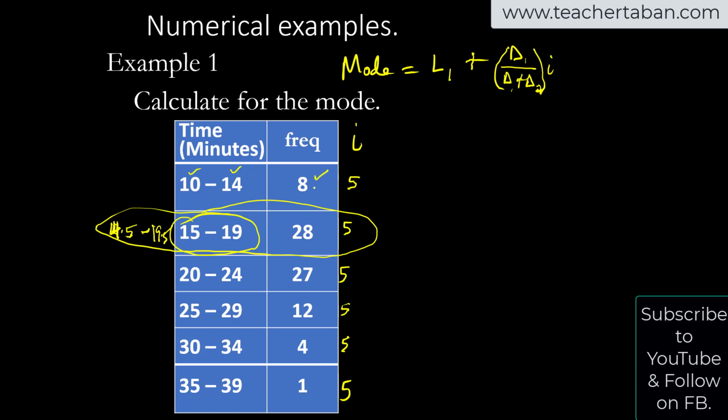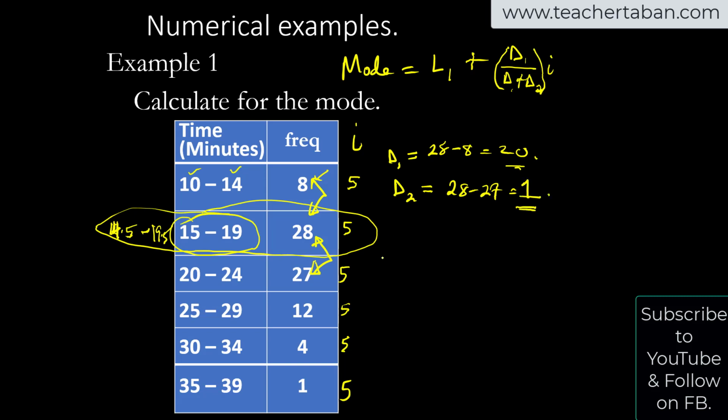So the difference between these two, our d1, will be equal to 28 minus 8, which gives us 20. And then our d2, which is the difference between the frequency of the modal class and the one after it, we use these two values here. So this will be equal to 28 minus 27, which is equal to 1.